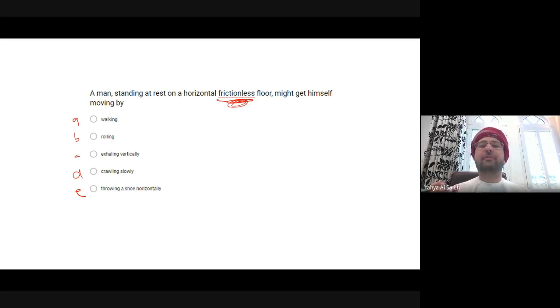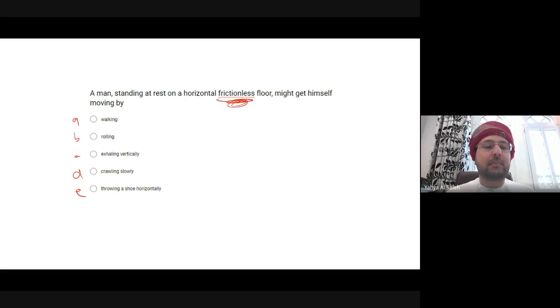A problem with a truly frictionless thing is that you wouldn't be able to do pretty much anything that you can normally think of. So we cannot walk, because walking requires friction between my foot and the ground. I would push, but I would just slip.